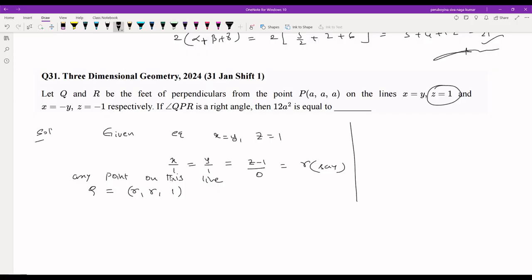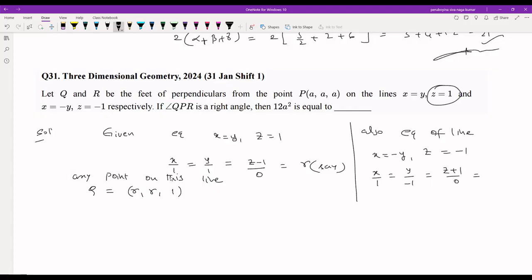Next, we have one more line equation given. Also, we have another equation of line: x equal to minus y and z is equal to minus 1. So you can figure it out: x by 1 and y by minus 1 equal to z plus 1 by 0.